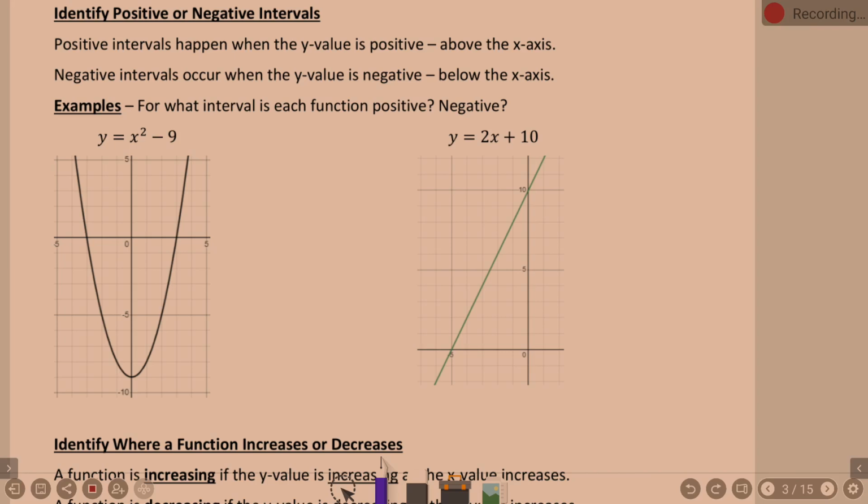So when we start talking about positive intervals, you're looking for when the graph is above the x-axis. And I will tell you, they usually give you a graph, or you can make a graph to answer this question. So positive happens above the x-axis. Where's negative going to happen then? Below the x-axis. Okay, that's when your y value is negative. Now, the key is, how do we write this?